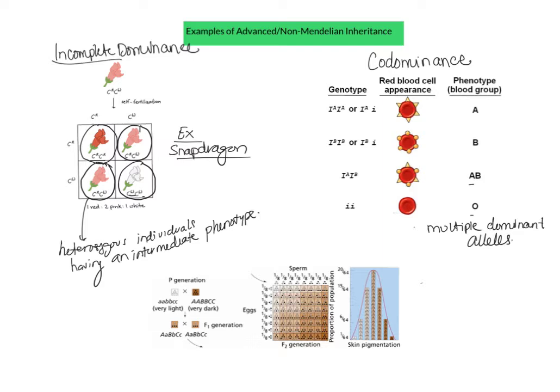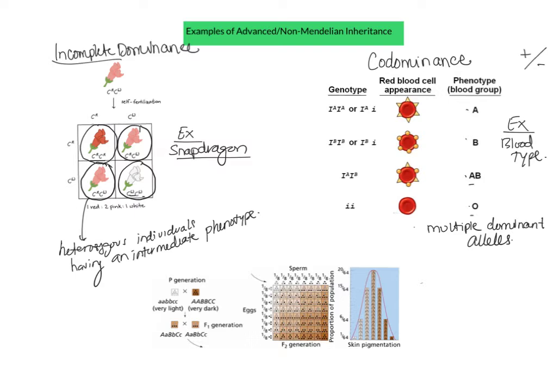And probably the main example that we need to be familiar with is blood type, right? And you've likely heard that there are blood types such as type A, B, AB, or O. And then you've also maybe heard about positive and negative, like A positive or A negative.